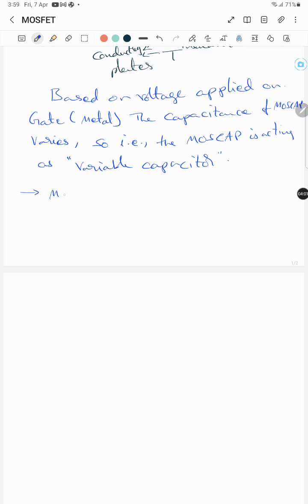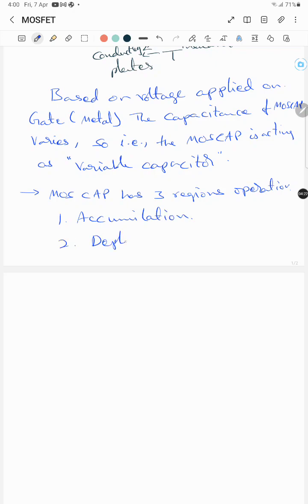This MOSCAP has 3 regions of operation. They are 1. Accumulation, 2. Depletion, and 3. Inversion.